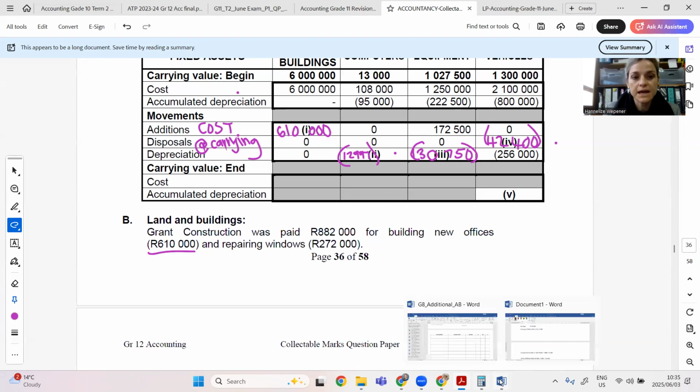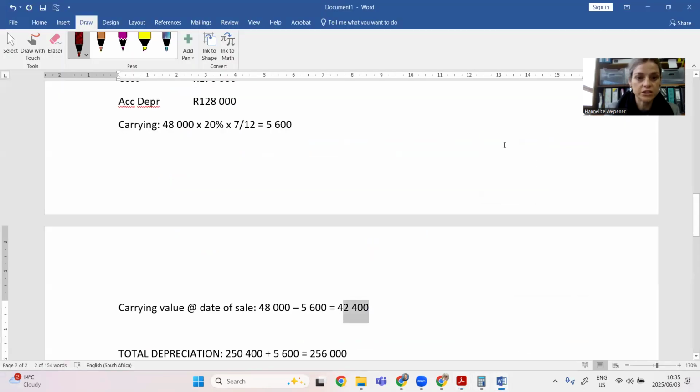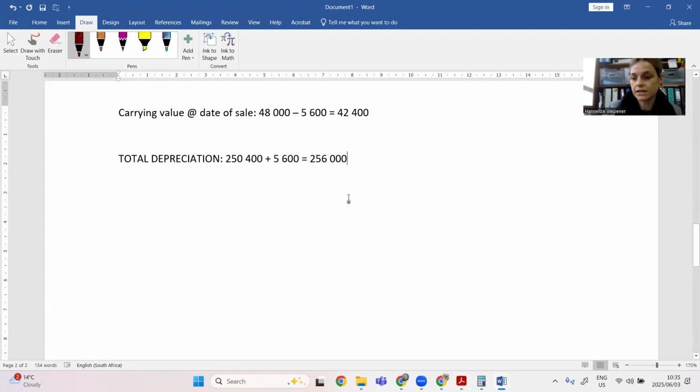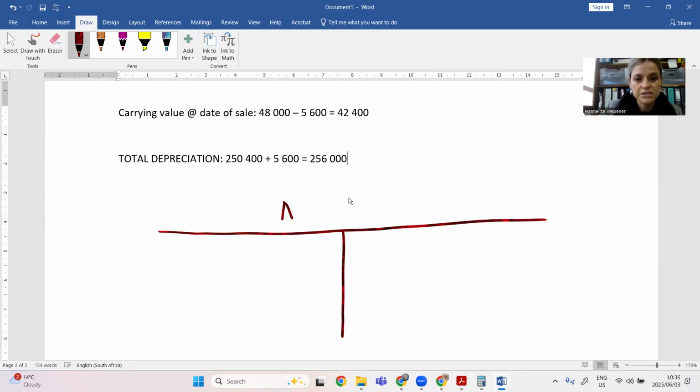Okay, then comes my accumulated depreciation at year end. So just think about your accumulated depreciation account. I always say it's easier to draw the T account when you're doing this, but just a rough draft because you won't have enough time for a proper account. So accumulated depreciation on vehicles is the one that we're looking at now. So we started on the first day of the current financial year, we started with the balance brought down.